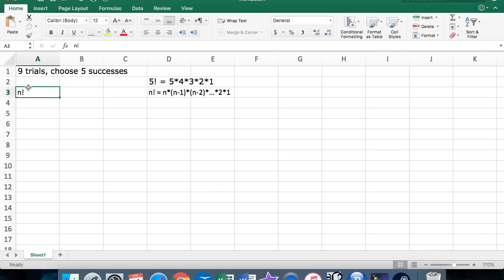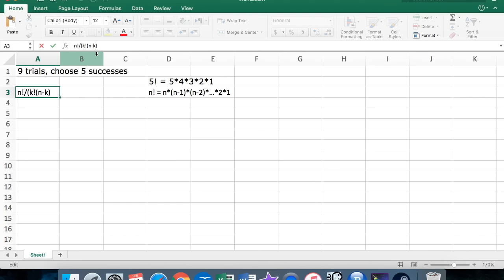Okay, so n factorial. This is how we would find how many ways to get the successes. So n factorial divided by open parentheses, because the denominator is a little larger, k factorial, I'll tell you what k is here in a second, times n minus k factorial.